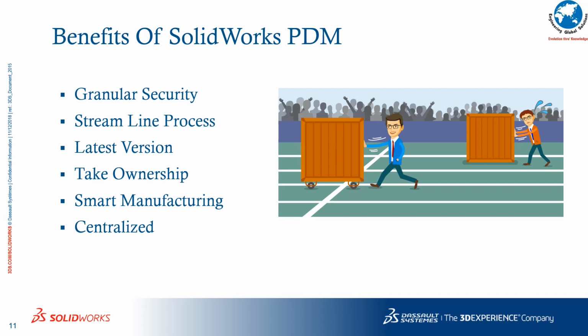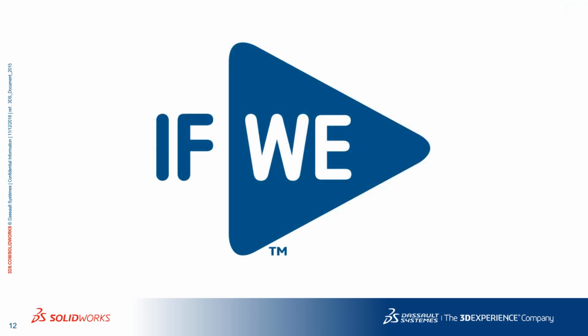It will automatically deliver the right data at the right time to the right person, so it may lead to smart manufacturing. Centralized data: we can access data management in a centralized location with the help of SolidWorks PDM, so there is no need of network share and there is no possibility of data loss itself. Okay, data management plays a vital role in smart manufacturing, so let us decide how our data is going to be managed. Thank you.